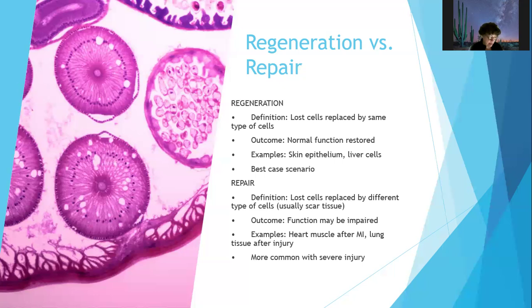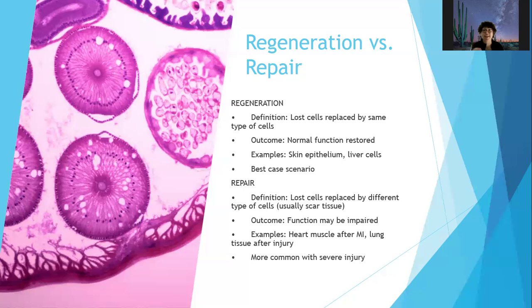It doesn't always happen, but if the lost cells can't be replaced, they're replaced by a different type of cell. That's called repair, and it leaves scar tissue. I always say scar tissue is the spackle of our body. You get a hole in your drywall at home, you put spackle over it, sand it down, and paint it, and it looks like the rest of the wall, but it's not.